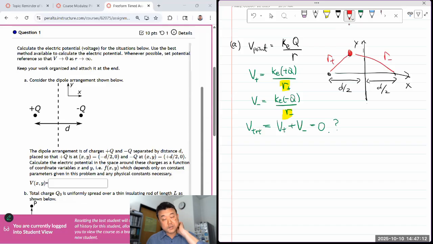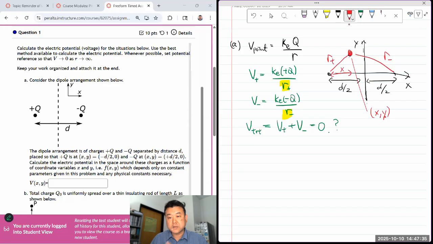That's the question I need to answer for myself. The coordinates of that point would be, let's say, x and y. So the y coordinate I think I can use as it is, because it's perpendicular to the displacement. It's the x coordinate that I have to be careful with.